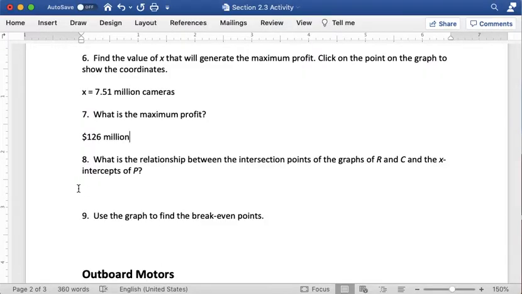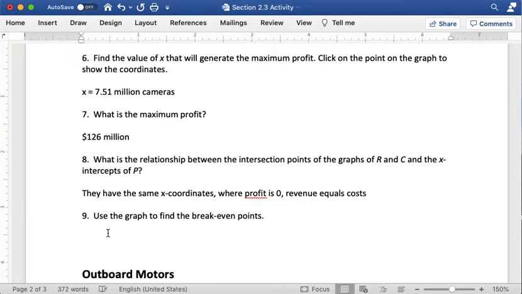So I will type that in here for number 8. They have the same x coordinates. So where profit is 0, revenue equals costs.